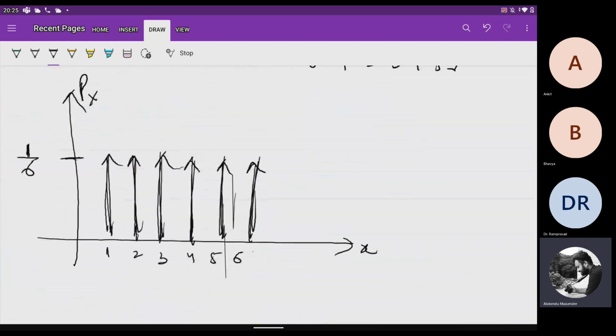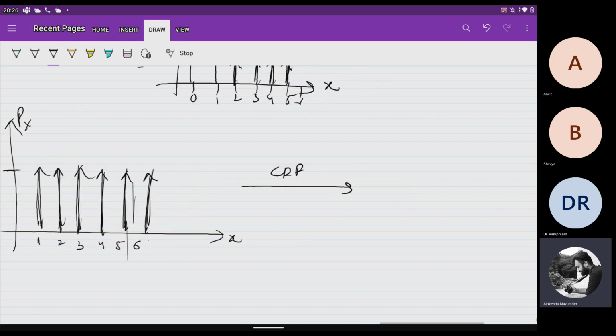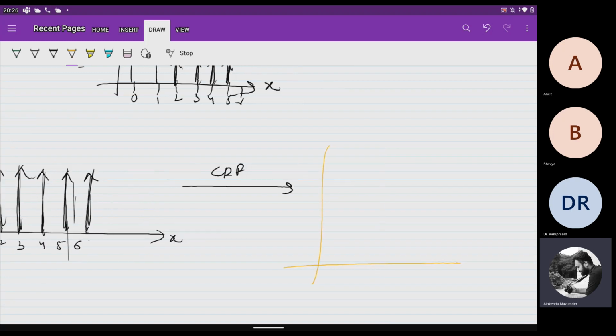Now, can anyone compute the CDF of this? Can anyone think how the CDF will look? Stepwise graph. Yeah, it will look somewhat stepwise, because if my x is here, let's plot the CDF side by side.